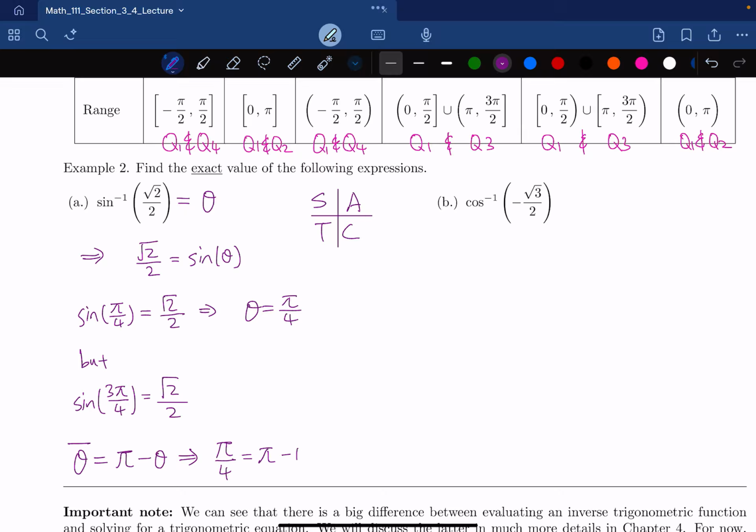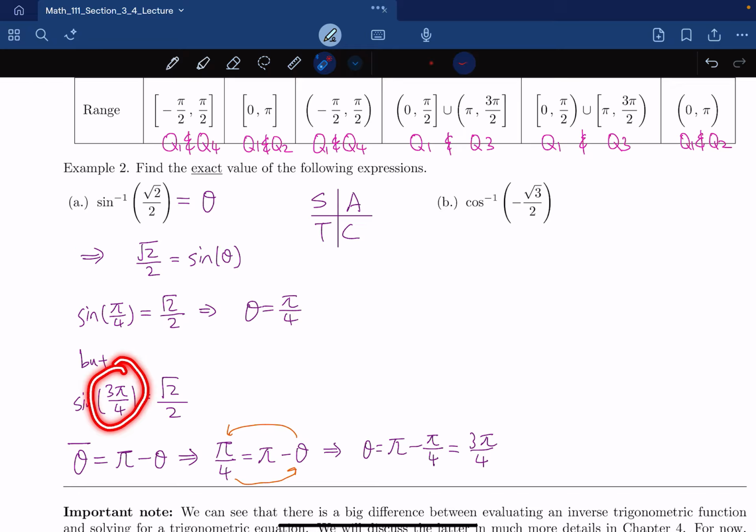And from here, we can easily calculate theta by swapping these two. And what we're going to get here is theta equals pi minus pi over 4, which is 3 pi over 4. Okay, so that's where I get that 3 pi over 4 from.